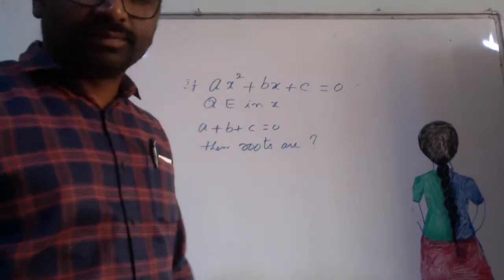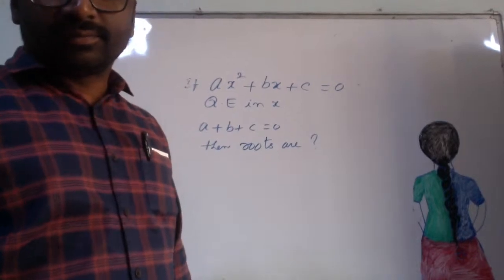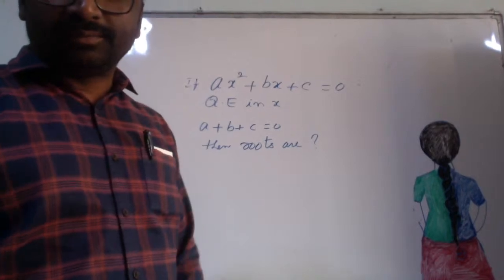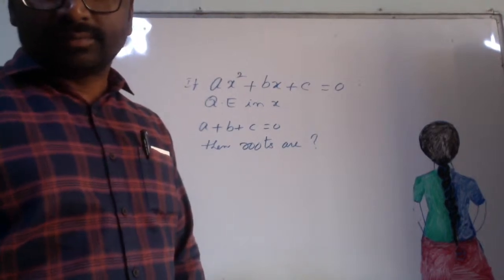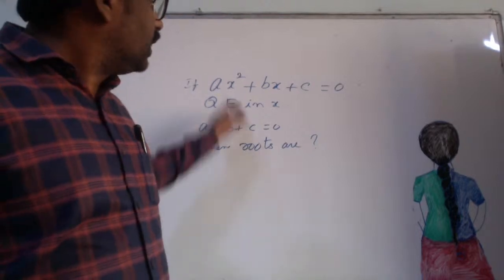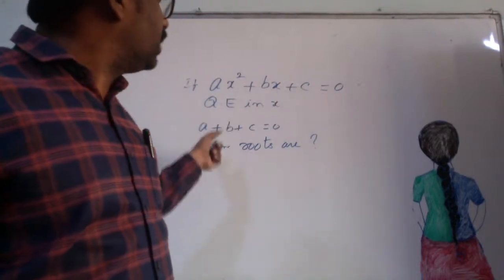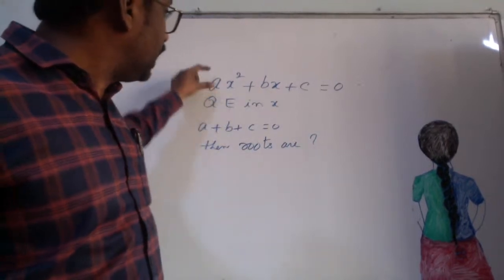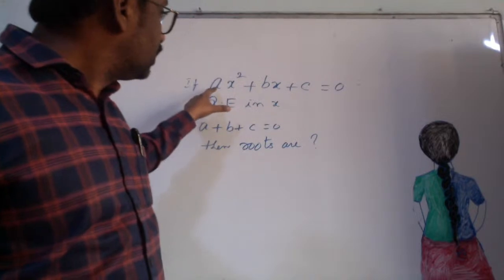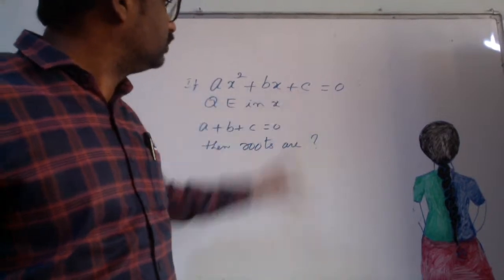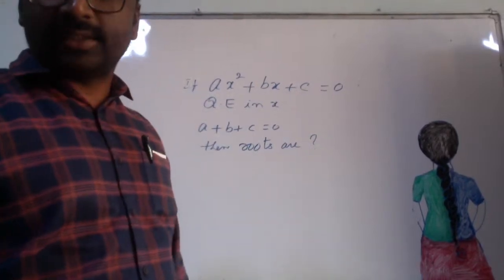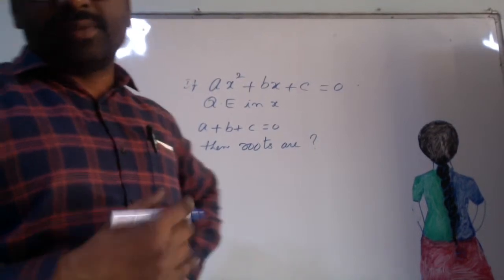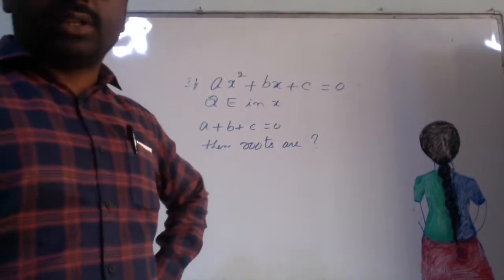Can anyone give the answer? a plus b plus c means the sum of the coefficients is 0. Then what are the roots of this one?